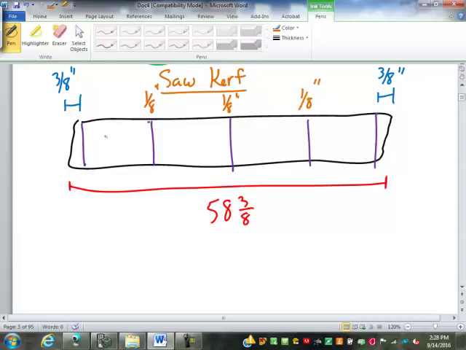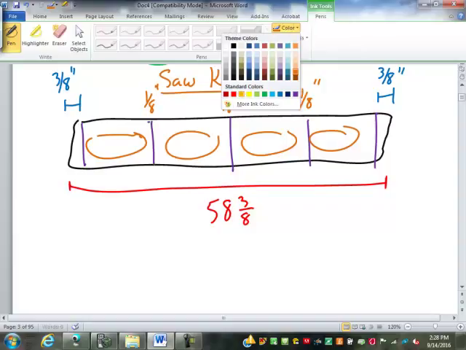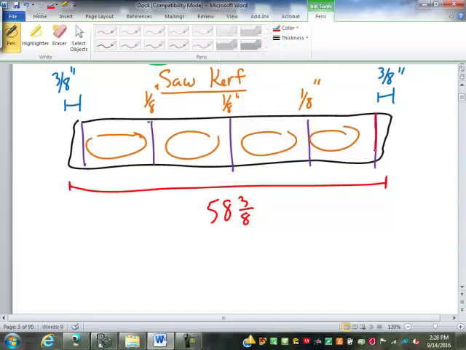So I want to know how large each of these 4 pieces is going to be if I make them the maximum size. Now, one thing to clarify here, when I'm squaring up the ends, my saw kerf is going to be included in that 3/8 of an inch. So I don't have to take that 3/8 plus another 1/8. The saw kerf is on the outside of that.